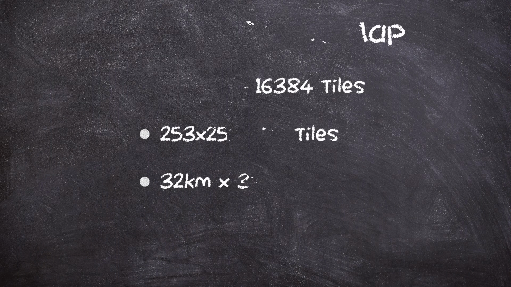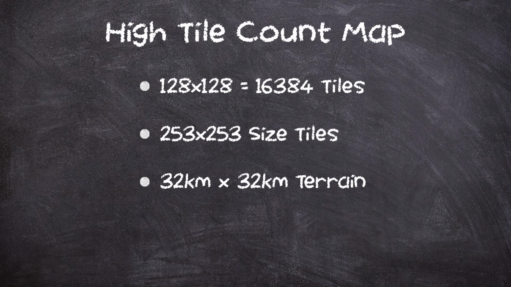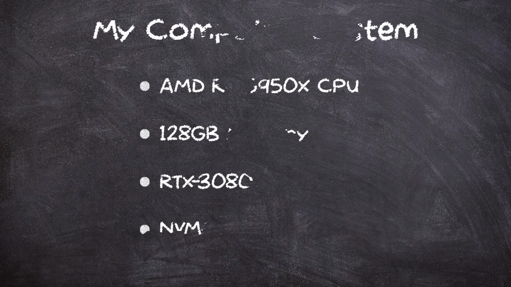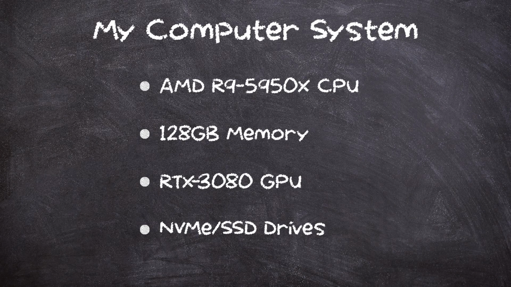The largest tile count that I have attempted to import is 128 by 128 tiles, which is 16,384 total tiles. The tile size was 253 by 253, and it was a 32 kilometer by 32 kilometer terrain. On my computer system, an AMD R9 5950X, 128 gigabytes memory, RTX 3080 GPU, and SSD NVMe drives, it took more than 5.5 hours to import the tiles.